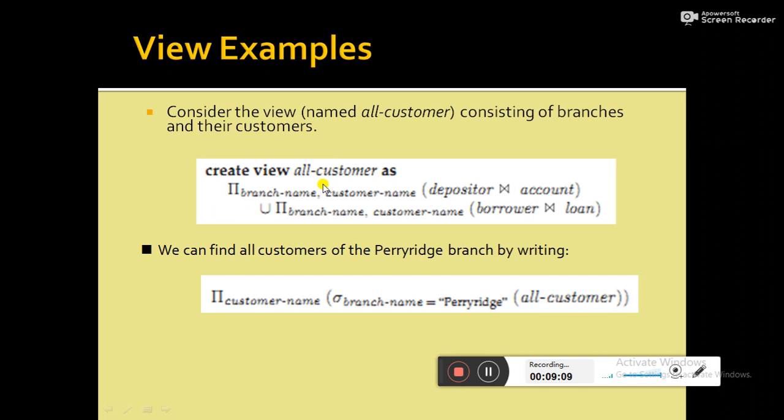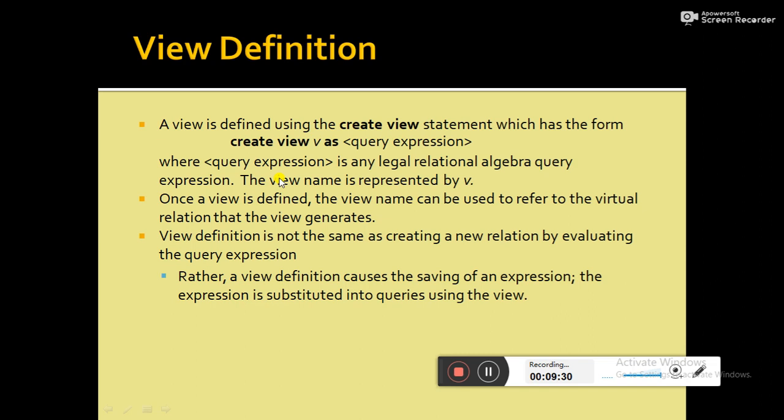And a very important point is that once the view is defined, the view is not going to contain the records, the tuples. Rather, the view is stored in a database as a definition. Let's go back to the previous slide.